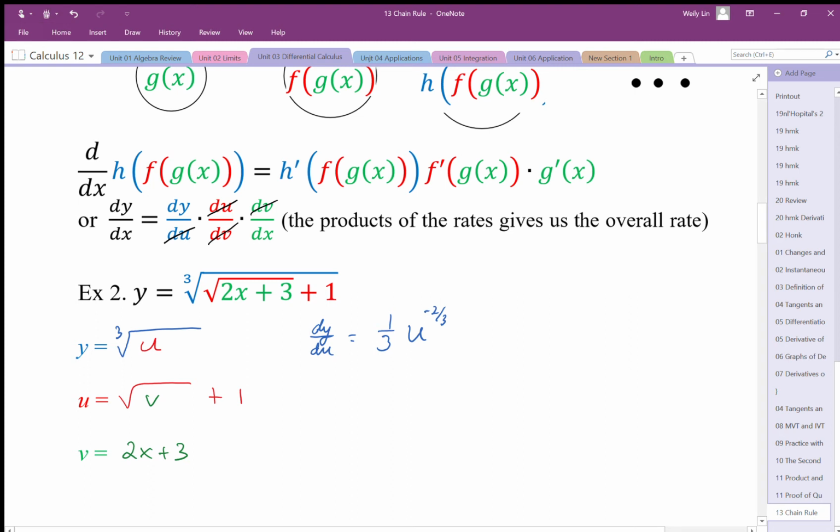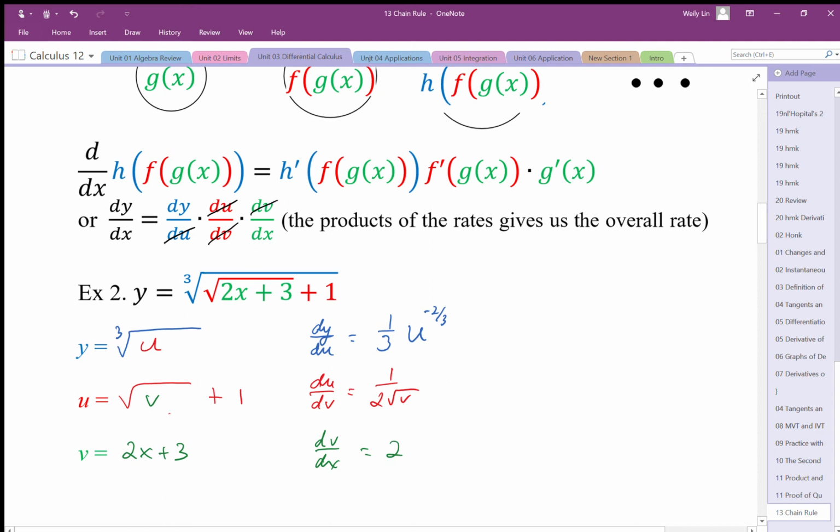Here, the u function, if I differentiate it with respect to v, du by dv is going to be the derivative of the square root function, which is 1/2 square root of v. So that's my change in u with respect to v. And then for the innermost function, the change in v with respect to x is just going to be equal to 2.